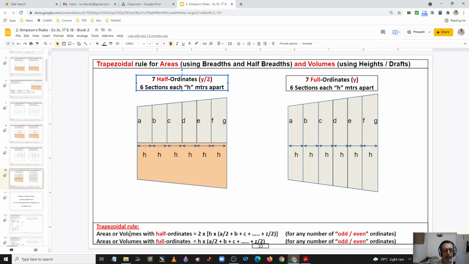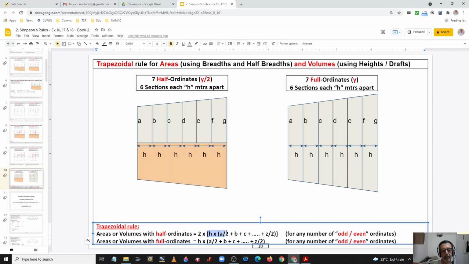whether you're using full ordinates or half ordinates, all you have to remember is that if you're using half ordinates, you have to multiply it by 2, but if you're using full ordinates, you do not have to multiply the result by 2. The formula is h multiplied by A upon 2, that is half of A, plus B plus C plus D plus E plus whatever, as many number of ordinates you have, and the final one will also be half of Z. You can have it for any number of odd or even ordinates.